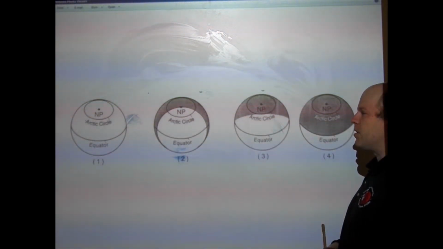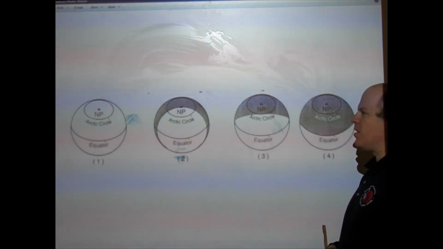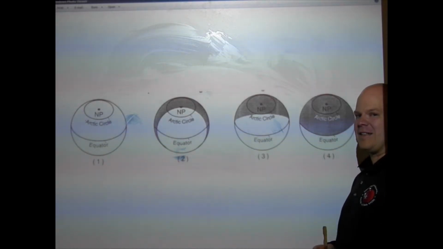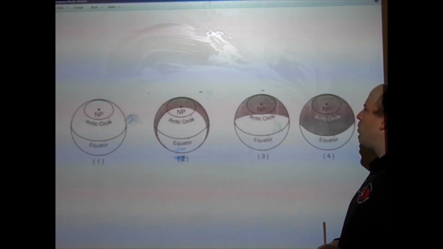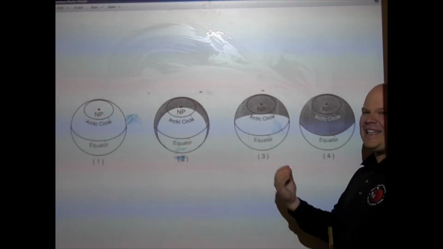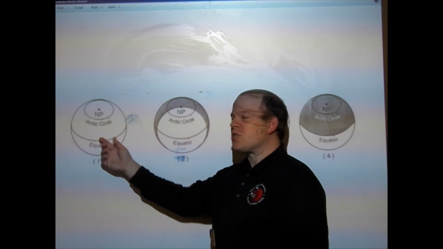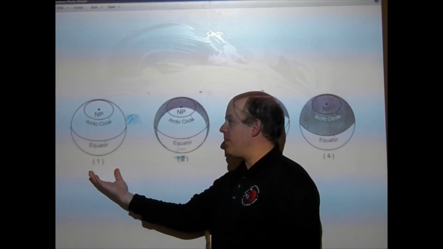Or 3 pictures. So the first day, I started off with June 21st. Remember that the North Pole is completely in the light for June 21st. From these 4 pictures, which one has the North Pole completely lit up? North Pole is completely lit up here. So this is the picture of June 21st.